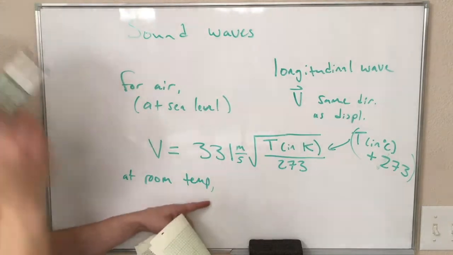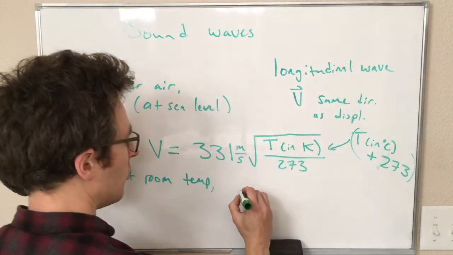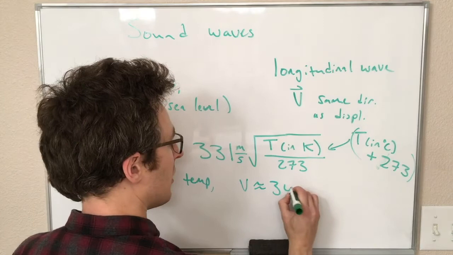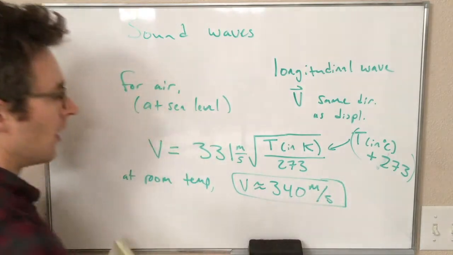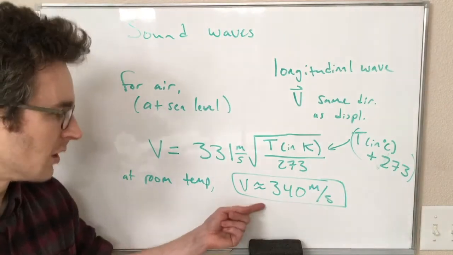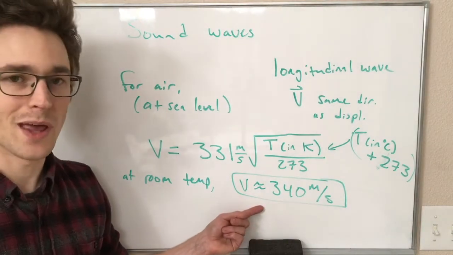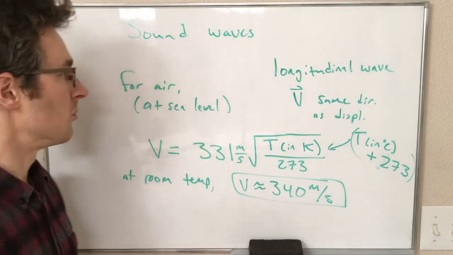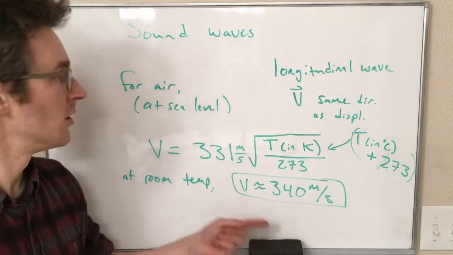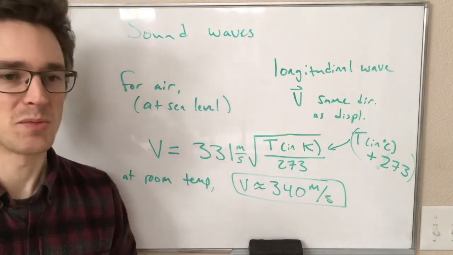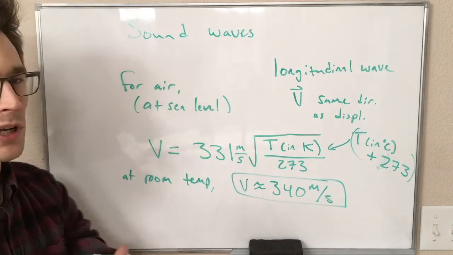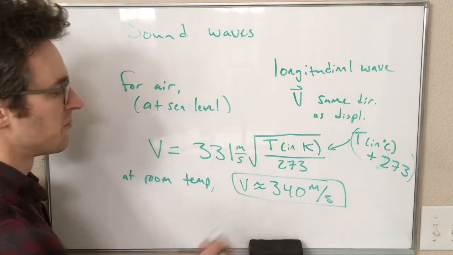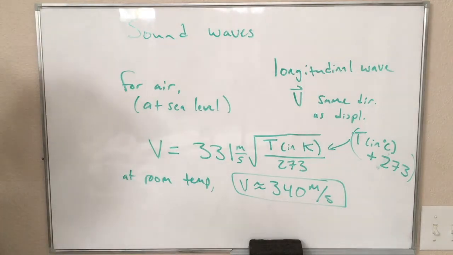Okay, so at room temperature, if we plug numbers into this, we get roughly 340 meters per second. And this is the number that is most commonly known as the speed of sound. So the speed of sound waves depends a little on temperature and some other things like composition of the gas, and so on. But the typical value that gets used is 340 meters per second.